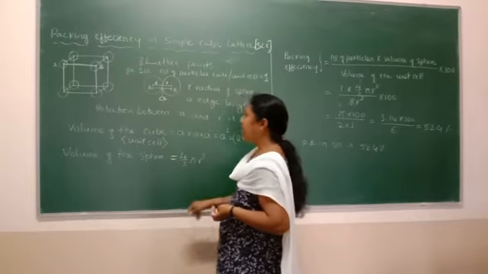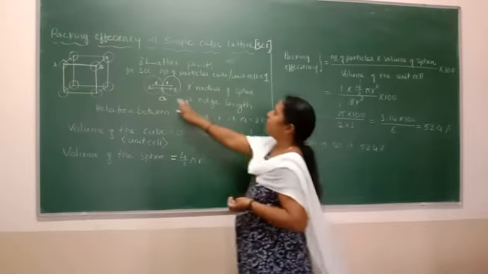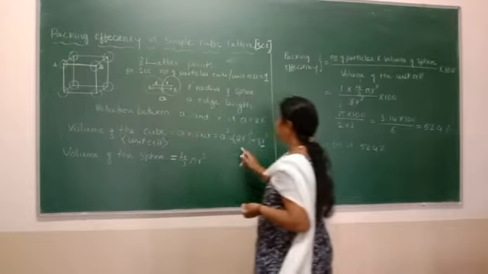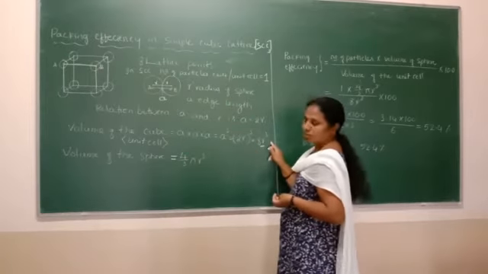It is constant, and the volume of the cube or the unit cell we have calculated from these two diagrams. That is, a is equal to 2r and a cube is going to be 8r cube.